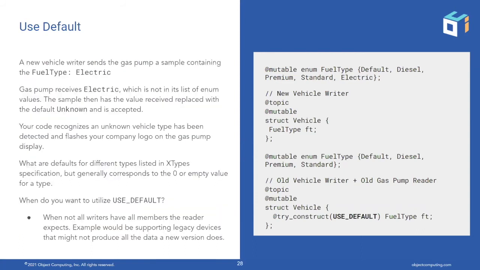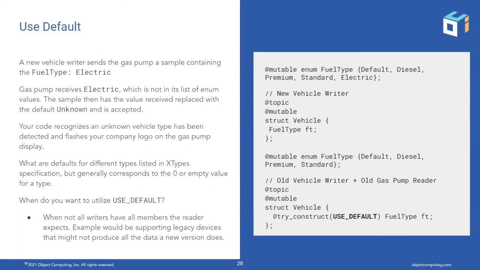And so in the scenario, an electric vehicle drives up and communicates with the gas pump electric, but this will go to the default value because it's an unknown value, and you will have your code handle that default value in the sample to flash your advertisement on the screen.